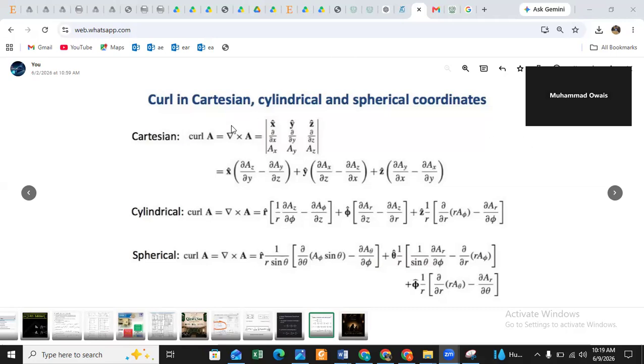So in the last class, for the Cartesian, which is also called the rectangular coordinate system, we found the curl of the rectangular coordinate by the formula. We already found these values.